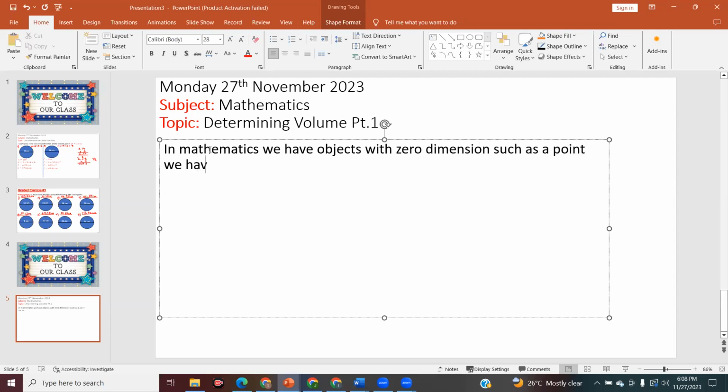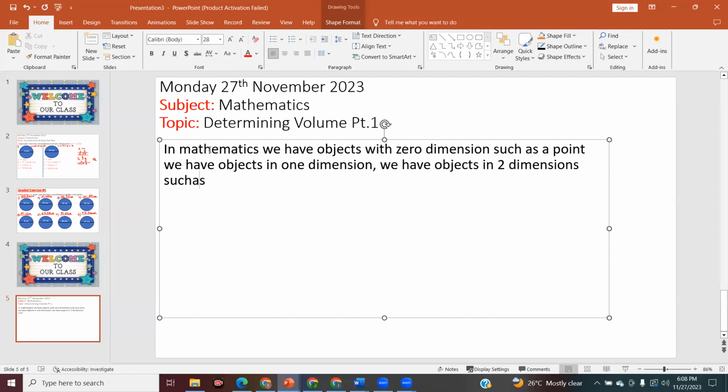We have objects in 1 dimension, and we have objects in 2 dimensions.